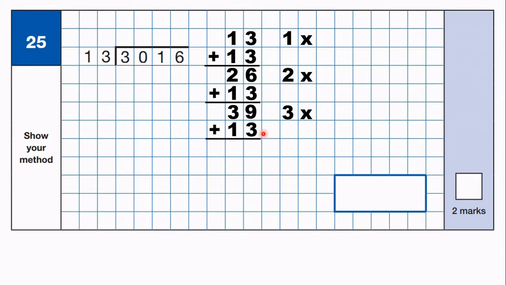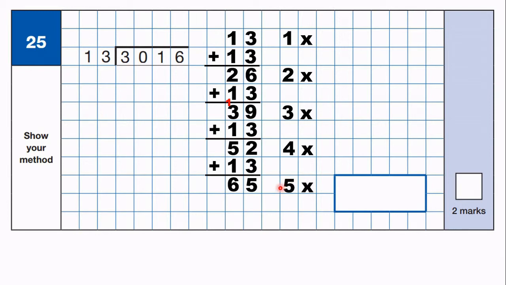If we add another 13, 9 plus 3 is 12, so 1, 2, and I've written the 1 in red only so that it's easier to see, and now 1 plus 3 plus 1 is 5. So 52 is 4 times 13, and if we add another 13, we get 65, so that's 5 times.